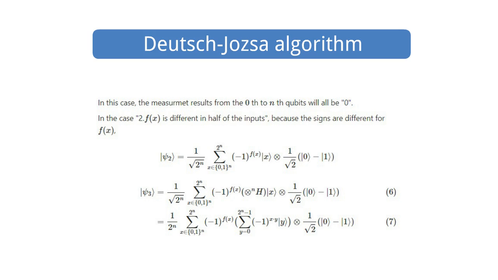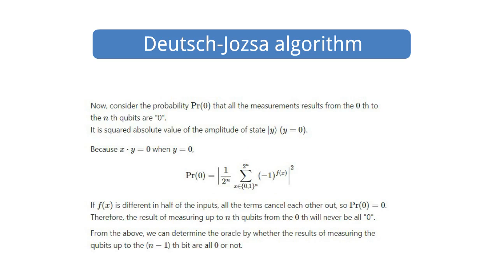In the case 2, f(x) is different in half of the inputs, because the signs are different for f(x). Now, consider the probability P(0) that all the measurement results from the 0th to the nth qubits are 0. It is the squared absolute value of the amplitude of state y equals 0.